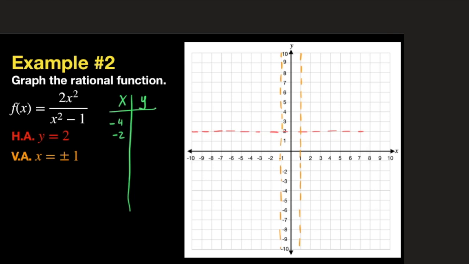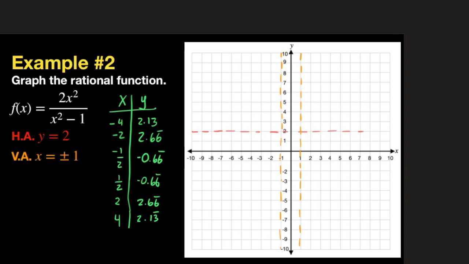In this case, our area is slightly larger in the middle, so I'm actually going to choose -1/2 and 1/2. And on the right side, I'm going to choose 2 and 4. And just get those numbers from the calculator.